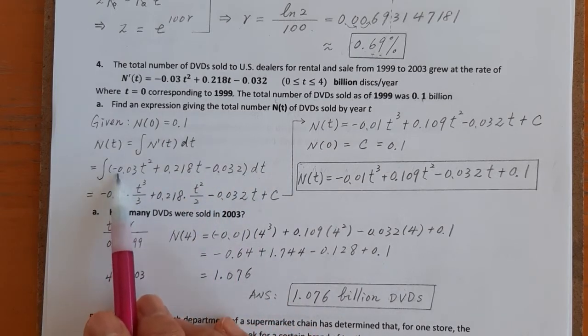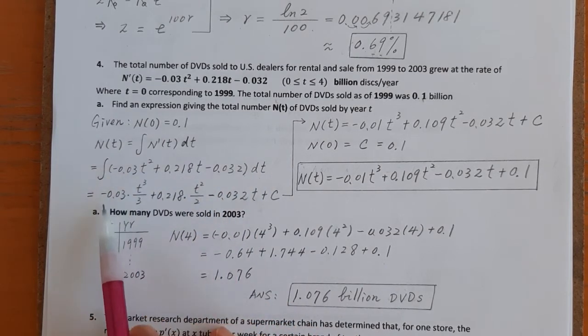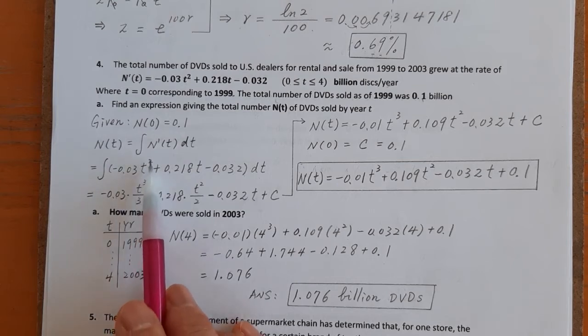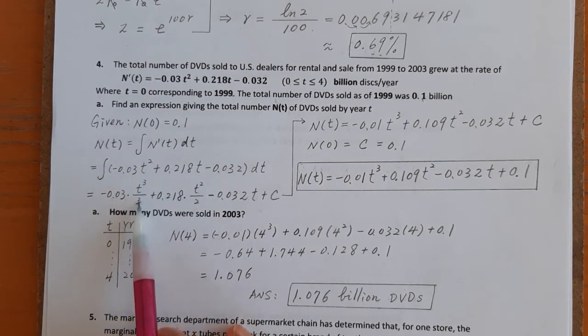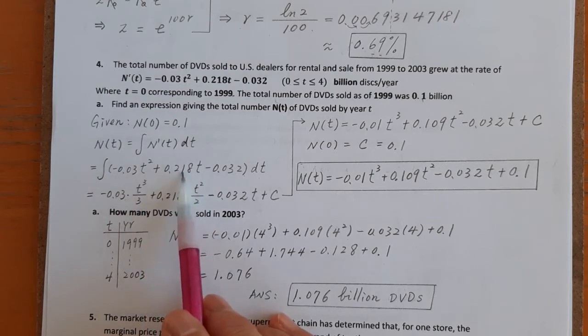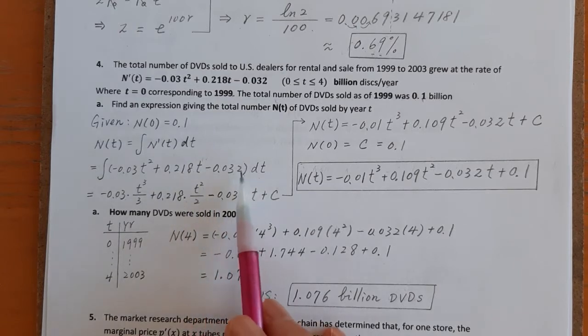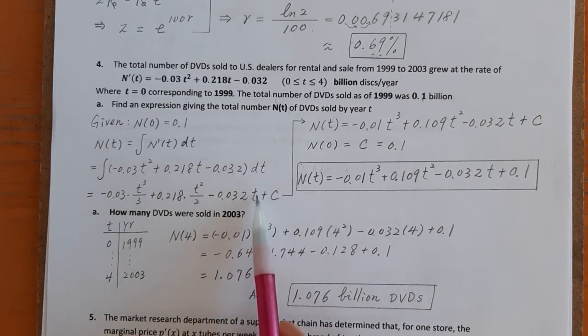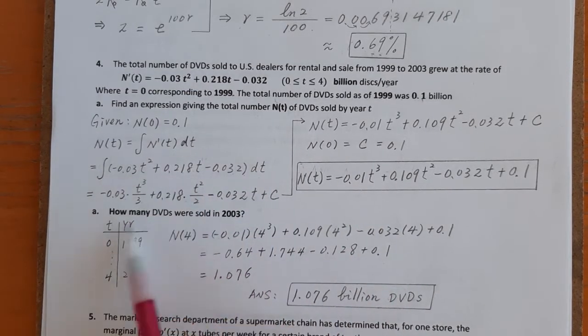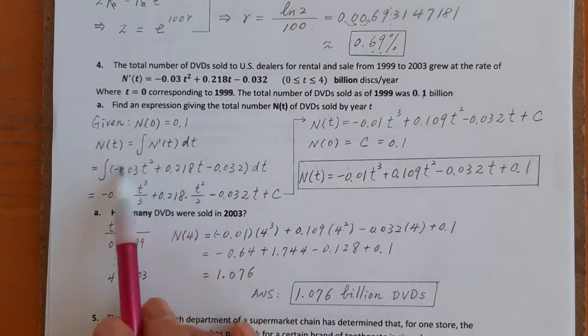Take the integral using the power rule: negative 0.03 times t to the power 3, divided by 2 add 1 is 3, plus 0.218 times 1 add 1, get 2, divided by 2, and minus 0.032 t, plus a constant c, because taking the derivative goes back to this.